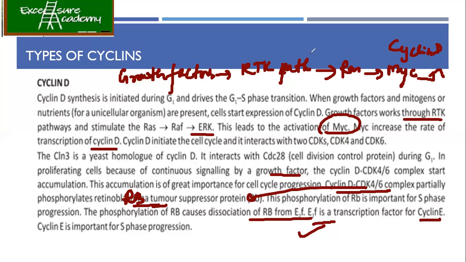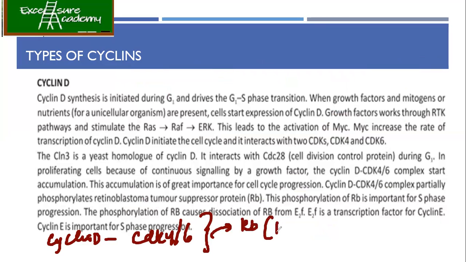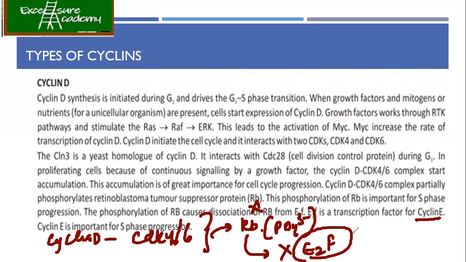So now, are you getting how cyclin D is actually working? See, cyclin D is there. It interacts with your CDK4 and 6. Now this gets activated and phosphorylates RB. Now since RB is phosphorylated, it is no longer bound to E2F, which is a transcription factor for cyclin E. So E2F is free.